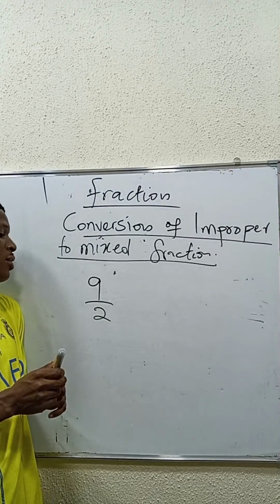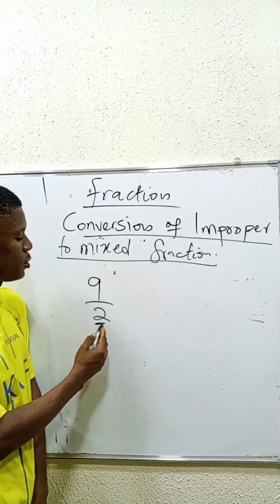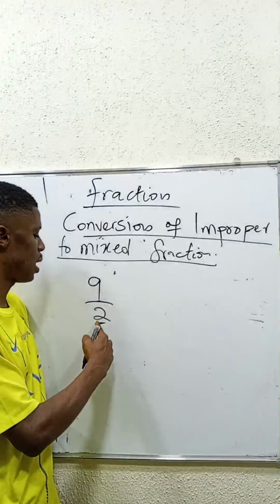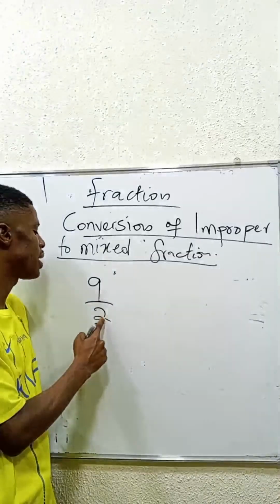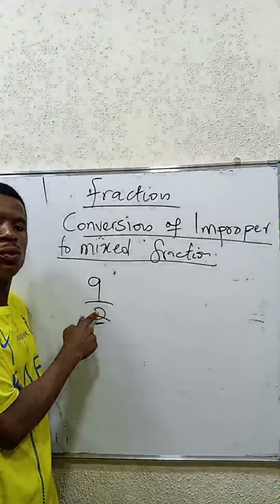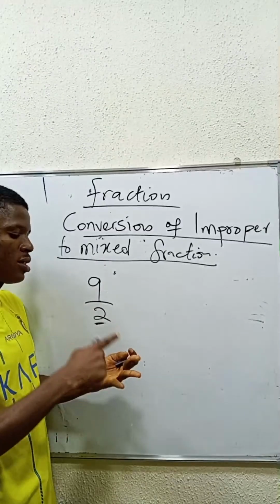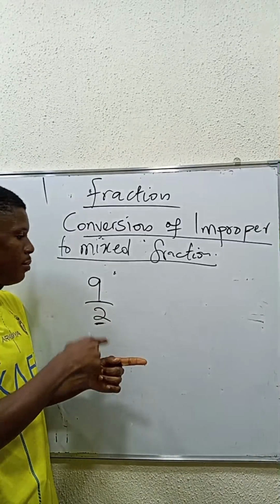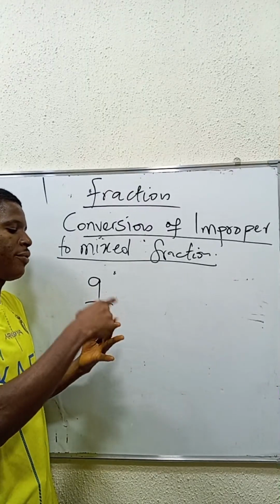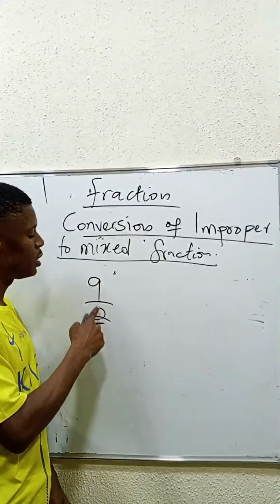All you have to ask yourself is, this number 2 is trying to divide this 9. So how many complete 2s can we get inside 9? You see that we have 2, 4, 6, 8. The next one is 10 before we get to 9. So we have how many 2s? 1, 2, 3, 4. 4 2s. So 2 can only divide 8.